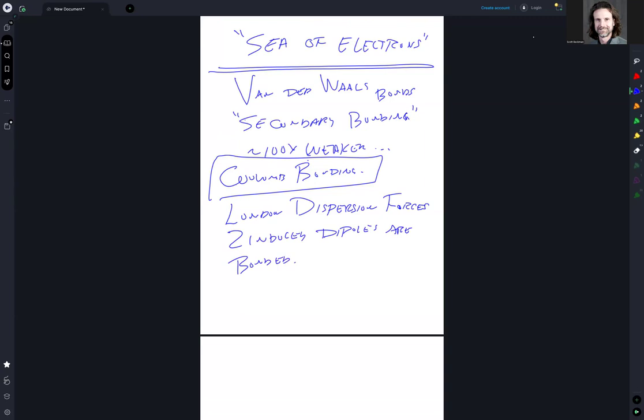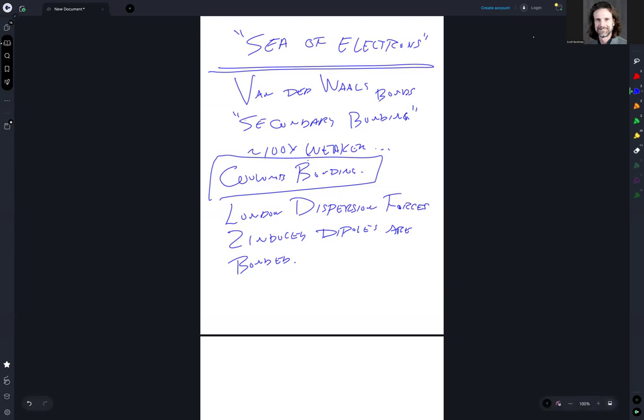A good example of this are the noble gas elements. Noble gas elements can bond to each other, and they can form a simple face-centered cubic crystal. So they can solidify, but they don't bond by covalent bonding, and they don't bond by ionic bonding. They bond by these van der Waals bonds.